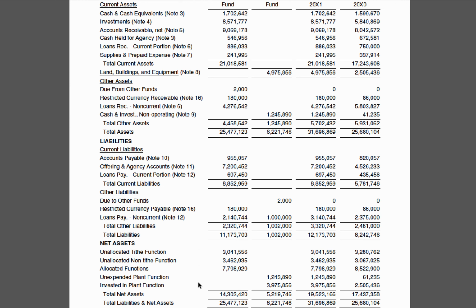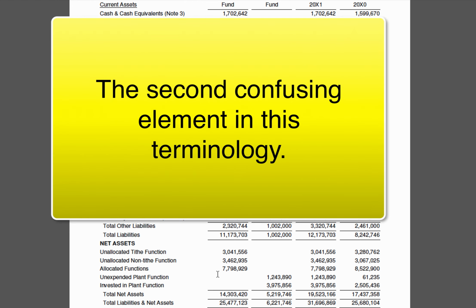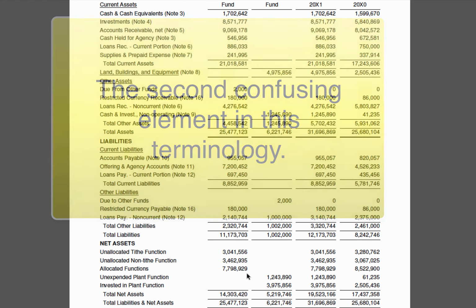Okay? And the second part of the confusion happens over here in the plant fund. We have a sub-fund that in our training videos has been called the unexpended plant fund. All right, when we are referring to that self-balancing set of accounts, we're talking about the asset, the liability for the unexpended portion, and the function of the unexpended portion.